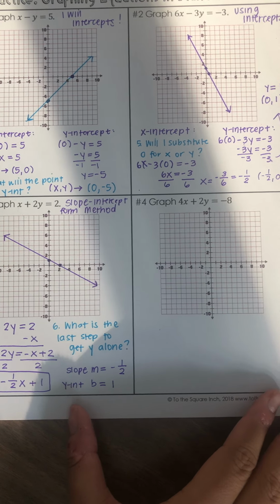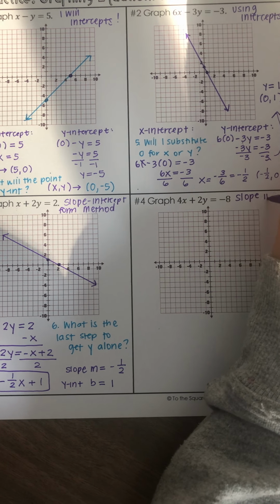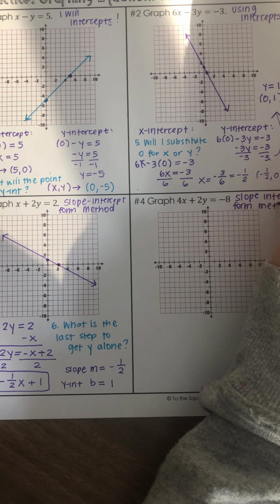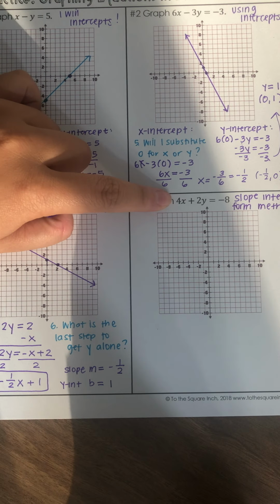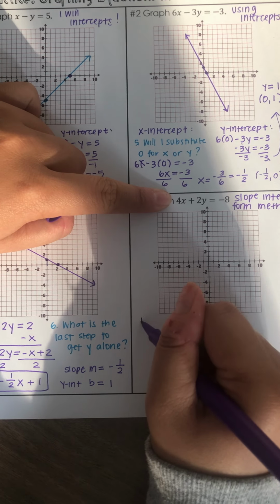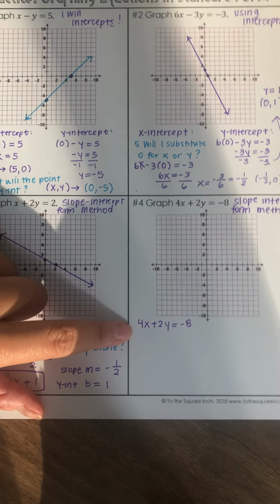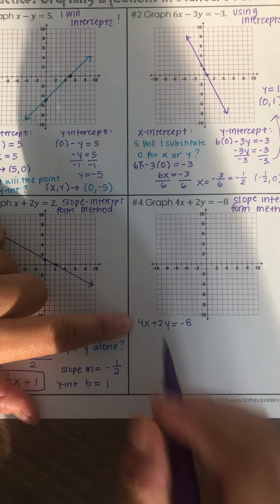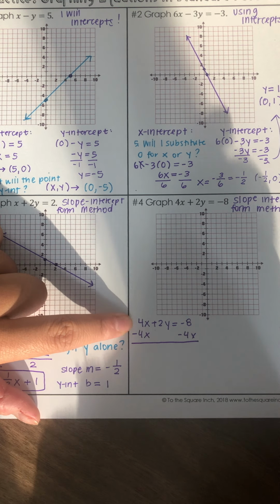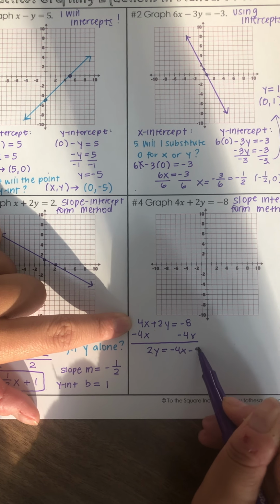Awesome. One more example where we're going to try this slope-intercept form method again of graphing. So again, I want to rewrite this standard form into a slope-intercept form. So to do that, again, I want to move this 4x, so I will subtract it from both sides, leaving me with 2y equals negative 4x minus 8.